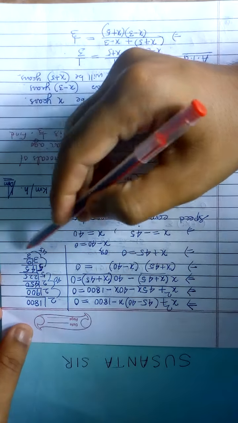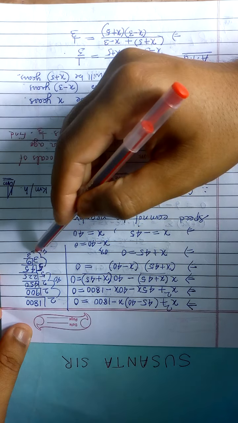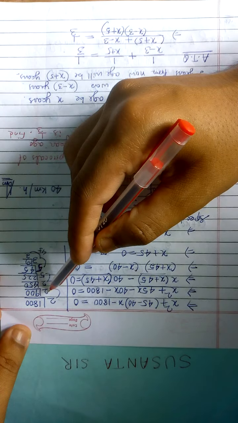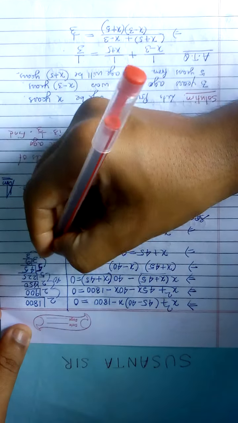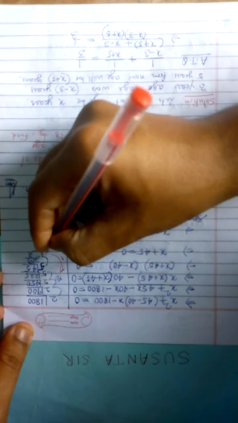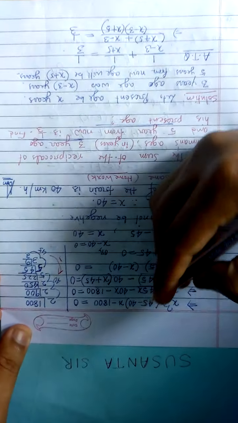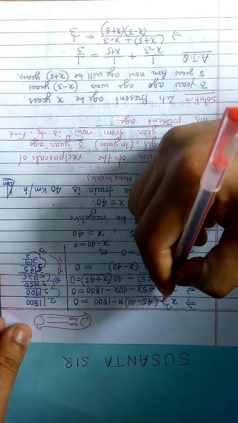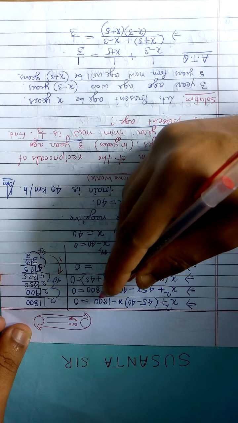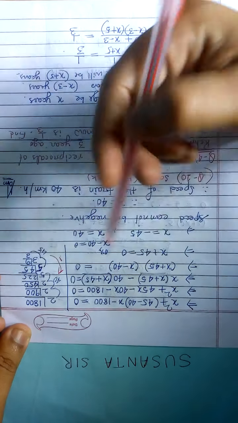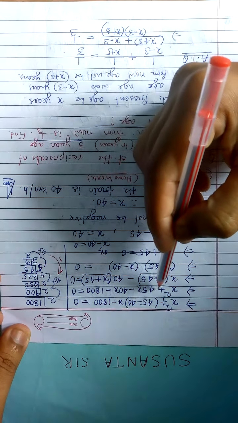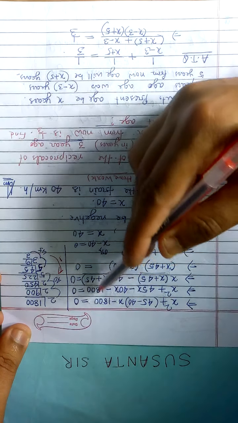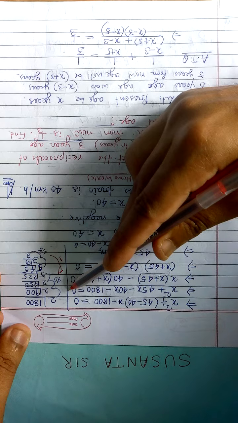Firstly 5 into 3 is 15, 15 into 3 is 45, and 5 into 2 is 10, 10 into 2 is 20, 20 into 2 is 40. 45 minus 40 is 5. That's why in place of 5 write 45 minus 40. Therefore x square plus 45x minus 40x minus 1800 equal to 0.